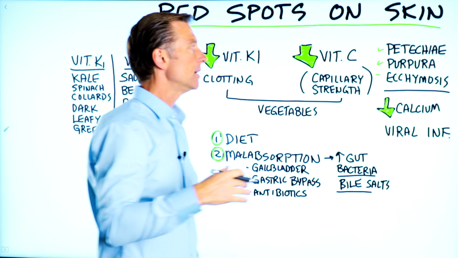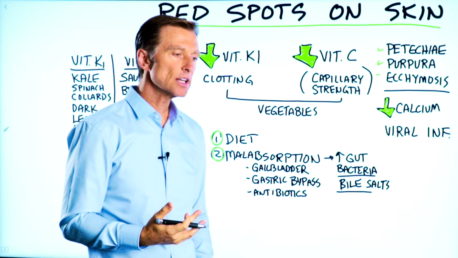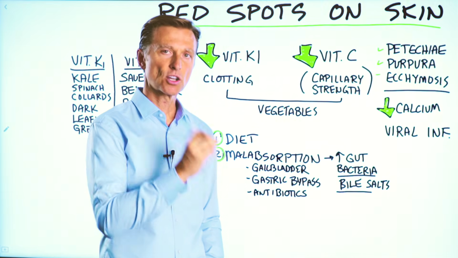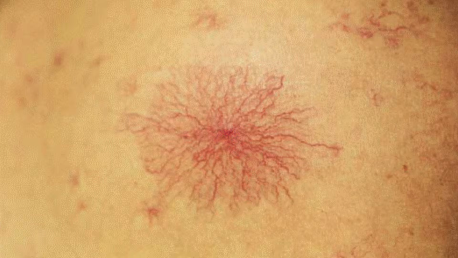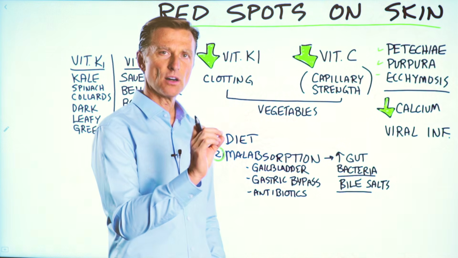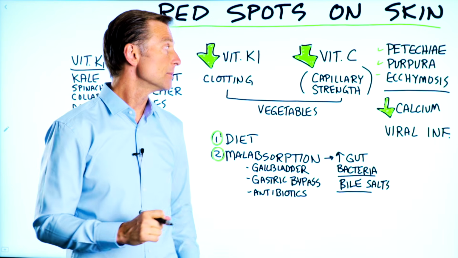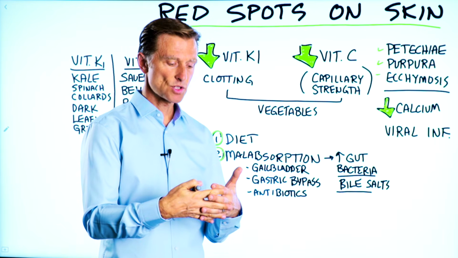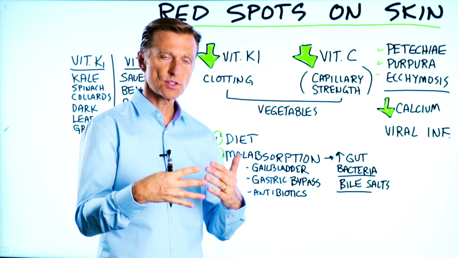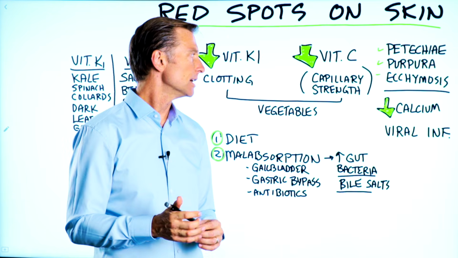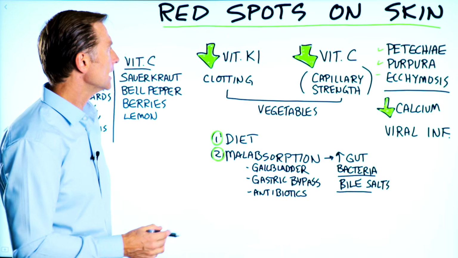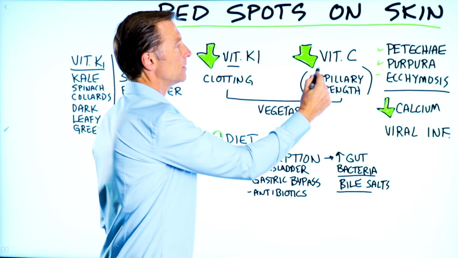So if you have a deficiency of vitamin C, the red spots are going to look a little bit different. They might look like spider veins or little pockets of this red or purple color, because you need vitamin C to strengthen the capillaries, which are the vascular system just underneath the skin. So it could be either vitamin K1 or vitamin C.